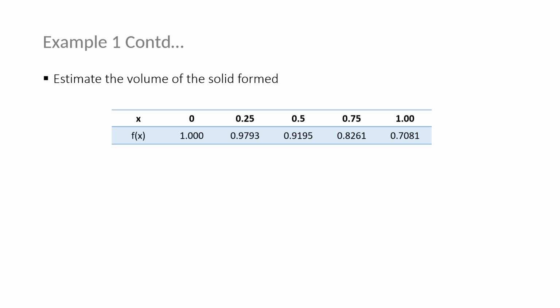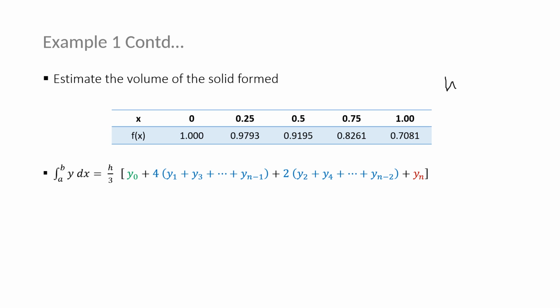Let us first reduce the formula of Simpson's 1/3 rule to n. So what is n here? Okay, so first we need h and we need n to solve the problem using the given data. We want to find out h. As mentioned in the previous video, h is nothing but the step size. So I can use any two consecutive points in the given data to find out h.